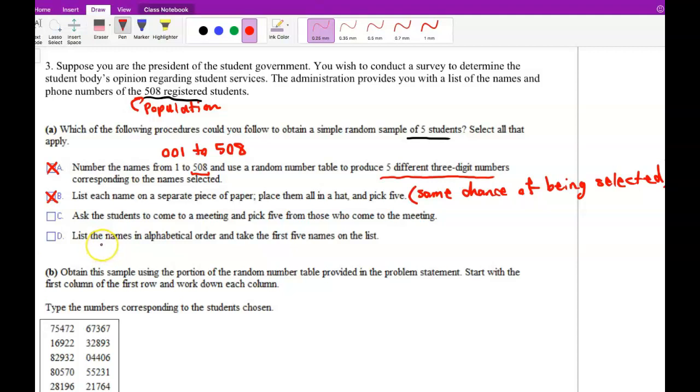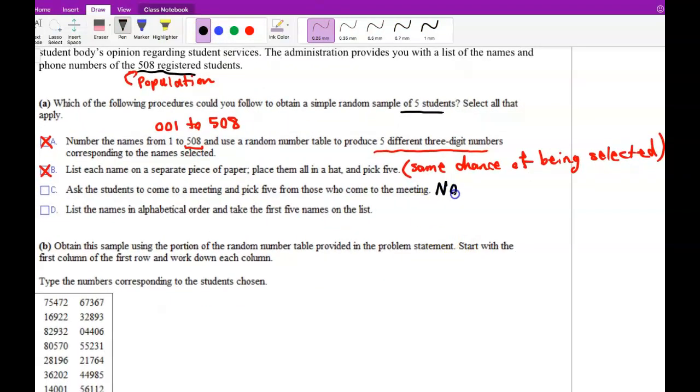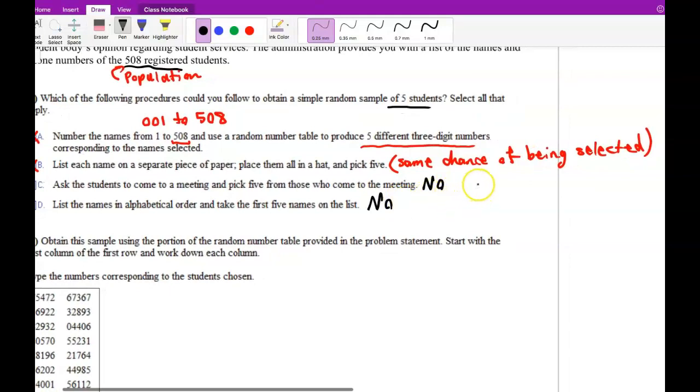We didn't follow the rule for randomness. So the answer for part A is A and B. So these two are no. Neither of these.